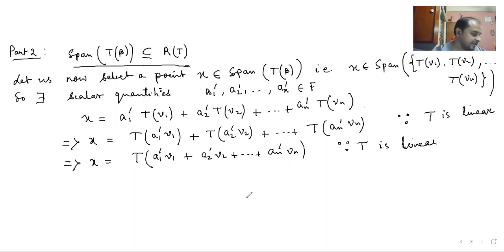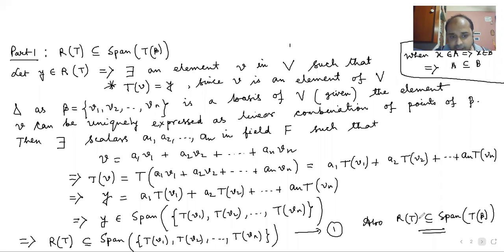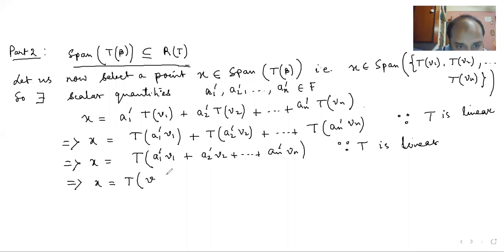Since T is linear, we can say that this is equal to v, which was the vector I assumed in the previous case. Let us assume it to be v prime.